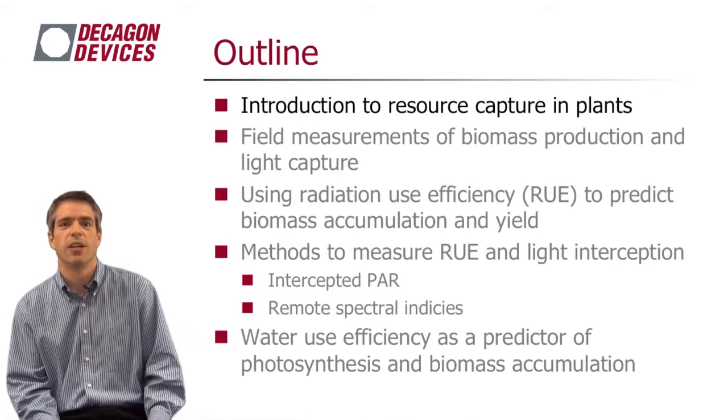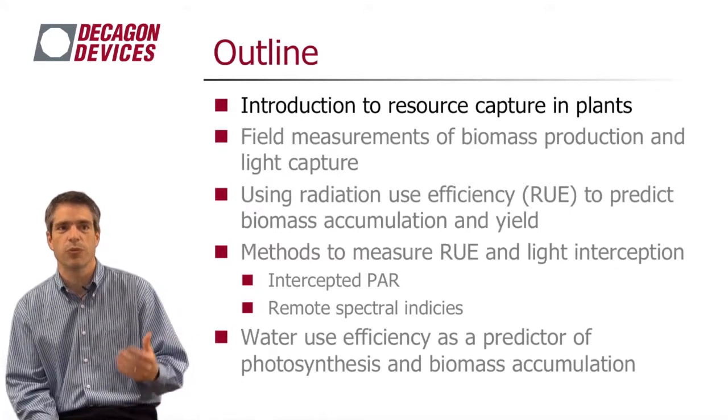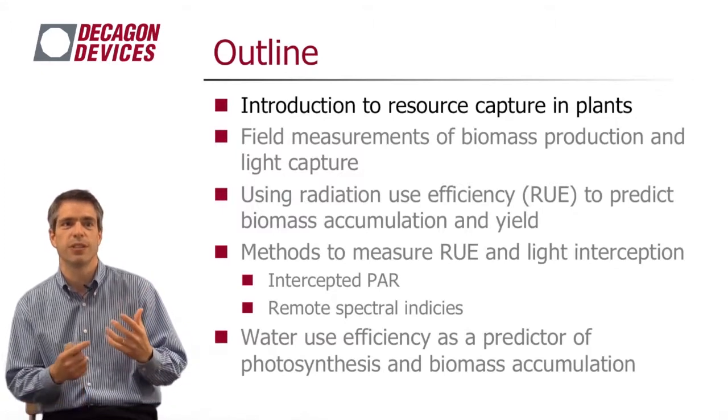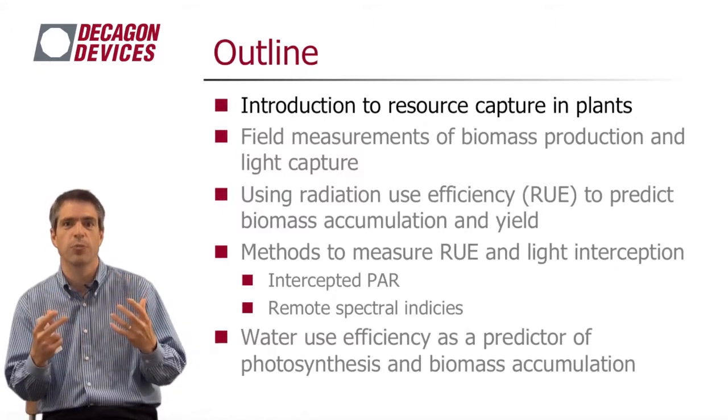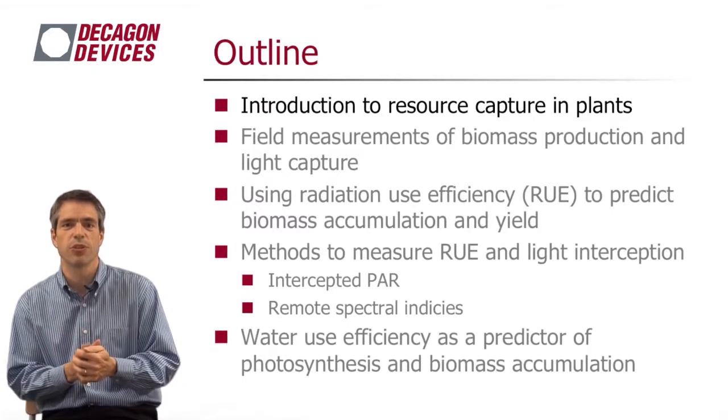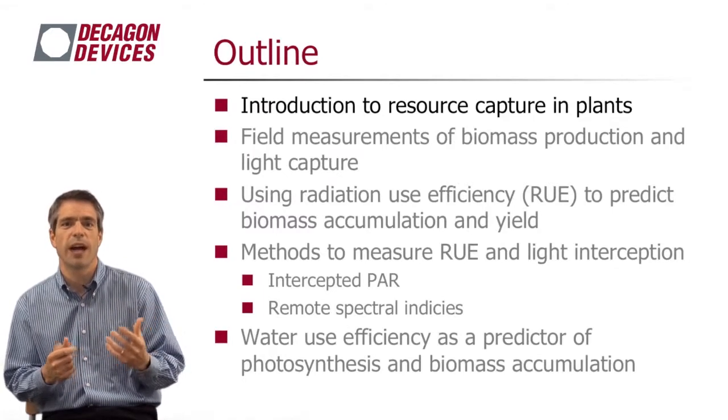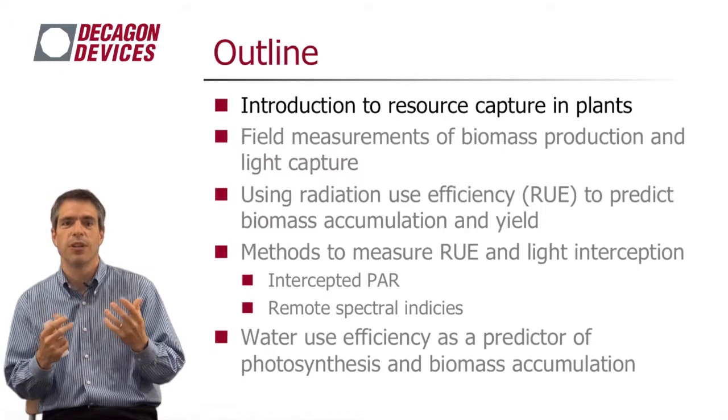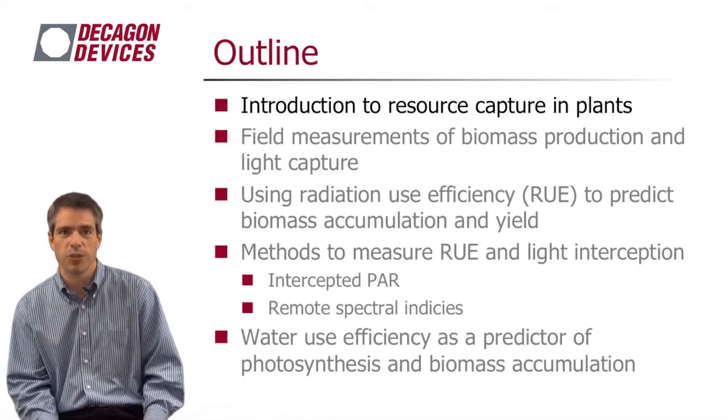So for this talk, we're going to go through a discussion where we first talk about resource capture in plants, and learn a little bit about resources and capture in those terms. Then we're going to talk about how we can actually field measure biomass accumulation and biomass production and relate that to light capture.